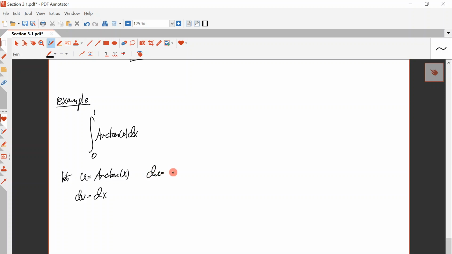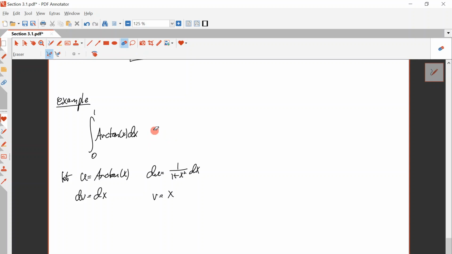So the derivative of u is 1 over 1 plus x squared, and the antiderivative of dv is v, which is just x. Right? The derivative of x is 1. So you see it's got something to help us out here.